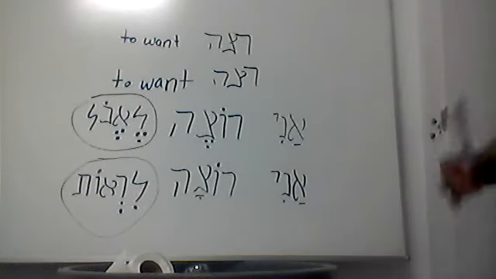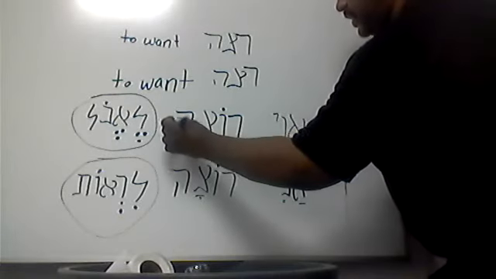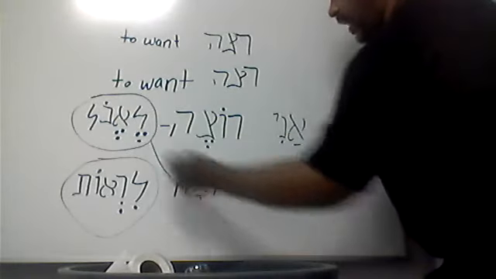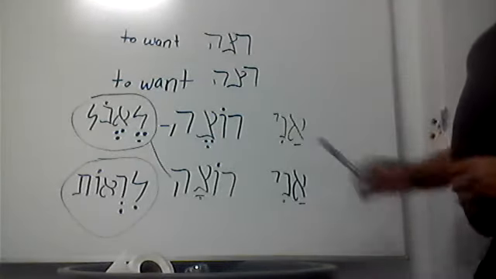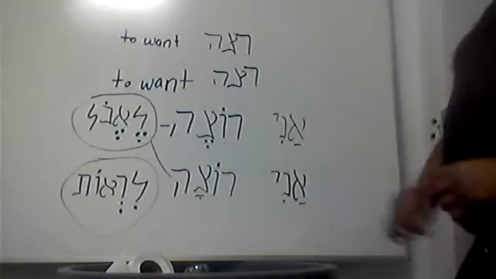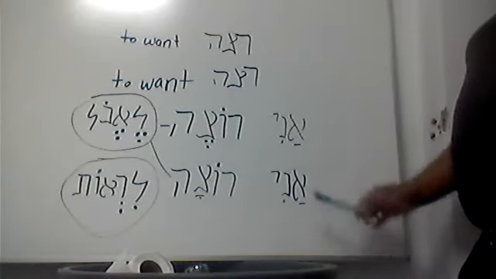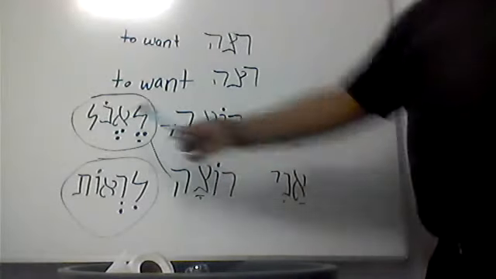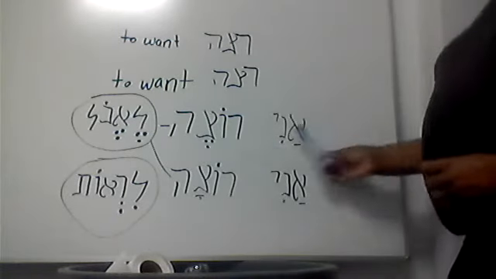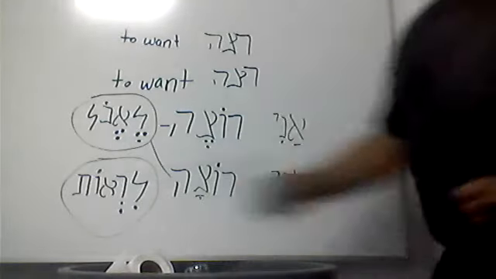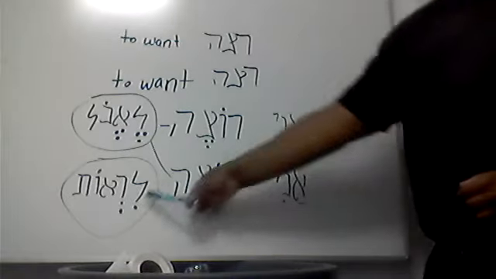La lechet, to go. Okay? So you can use it this way or this way. Ani rotze la lechet, I want to go. Ani rotza la lechet, a female saying, I want to go. So let's look at the next one that we circled. Ani rotze lir'ot. Females say, ani rotza lir'ot.